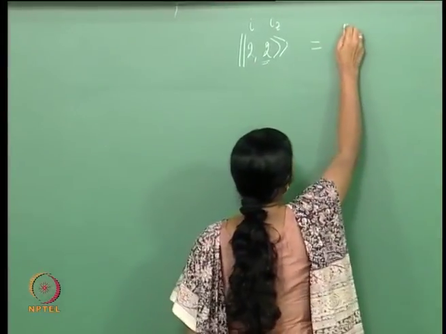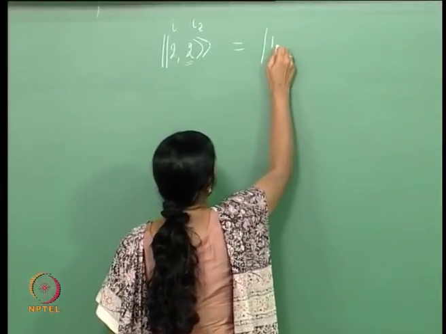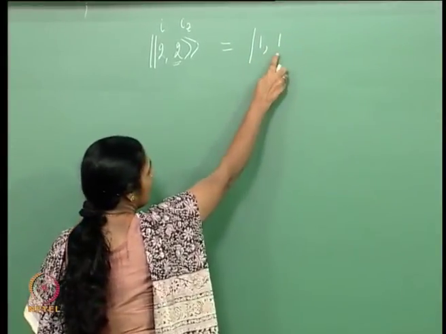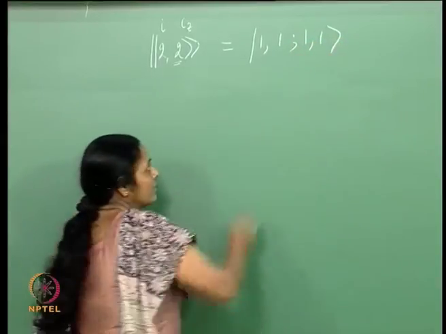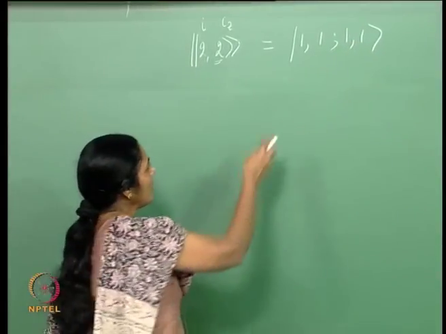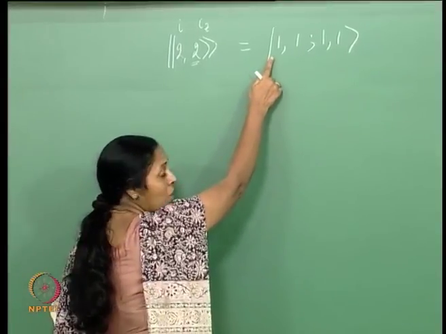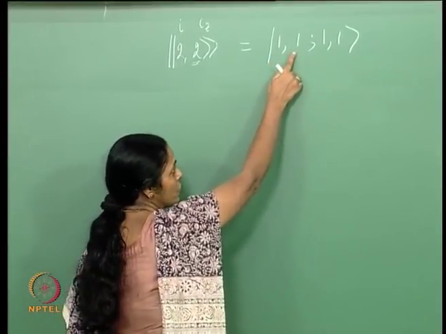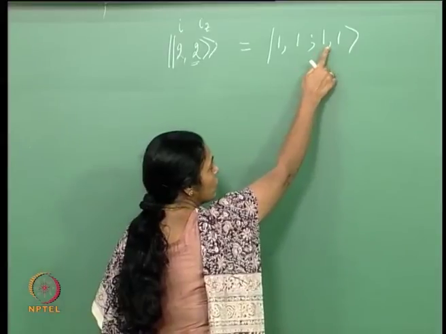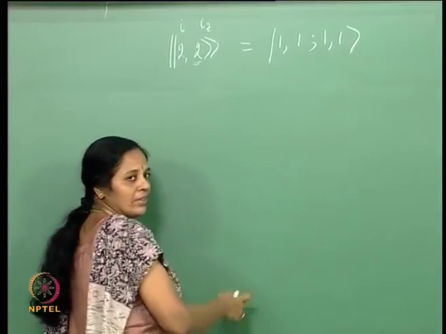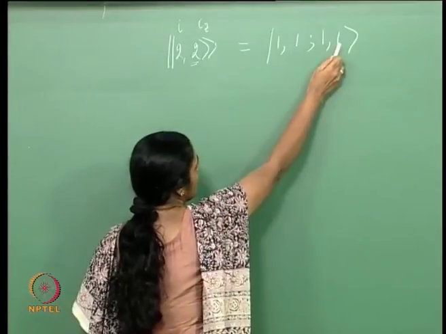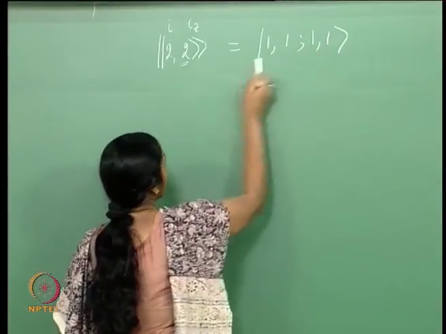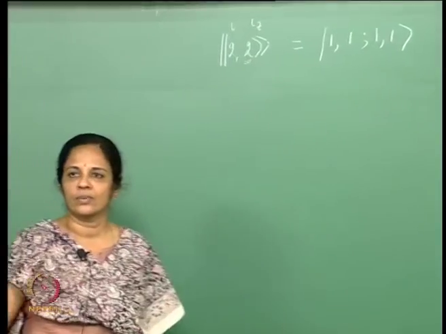So clearly the contribution has come from the uncoupled basis 1 comma 1 and another 1 comma 1. I have combined an I1 is 1, I1z is 1, with I2 is 1 and I2z is 1, and by scalar addition these two, I1z and I2z, add up to give me 2.